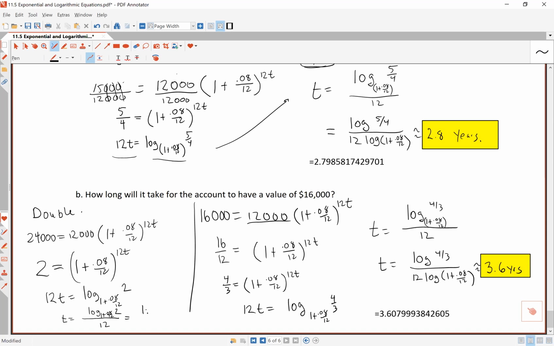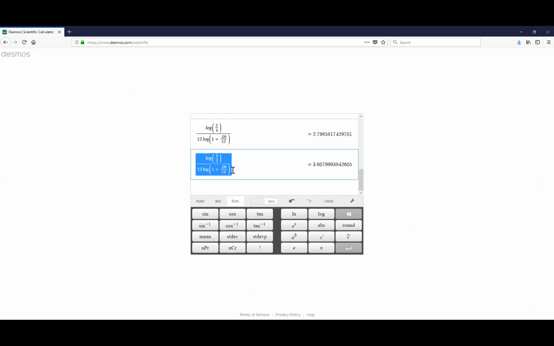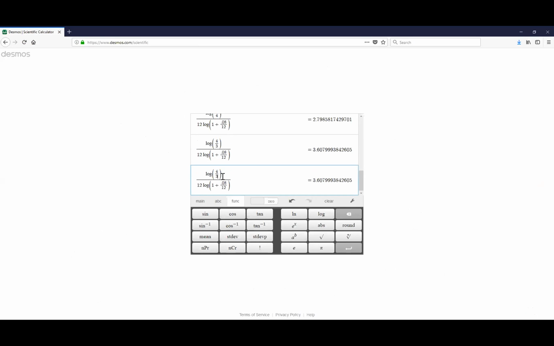This is log of 2 divided by 12 times log of 1 plus 0.08 divided by 12. We've got the same sort of expression, except this time 4/3 turns into 2.